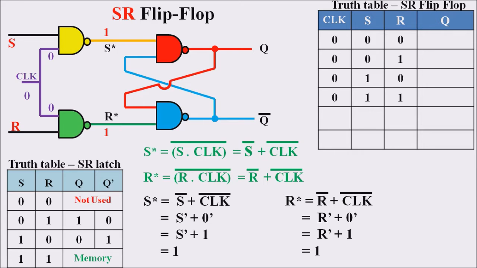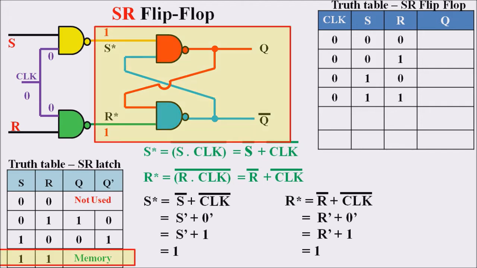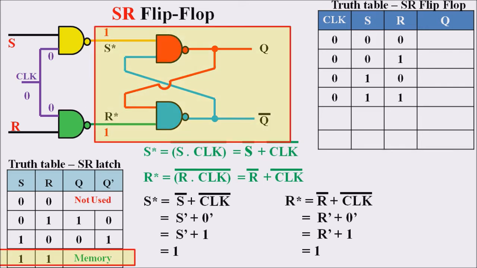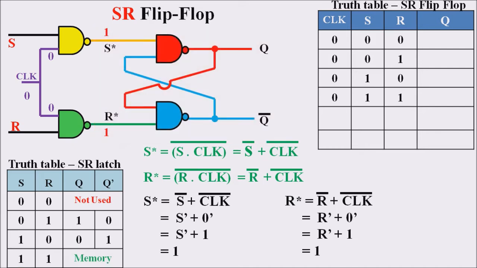Now let us consider the SR latch concept with S equal to R equal to 1. Here the second set of the circuit is the SR latch itself with S value equal to 1 and R value equal to 1.